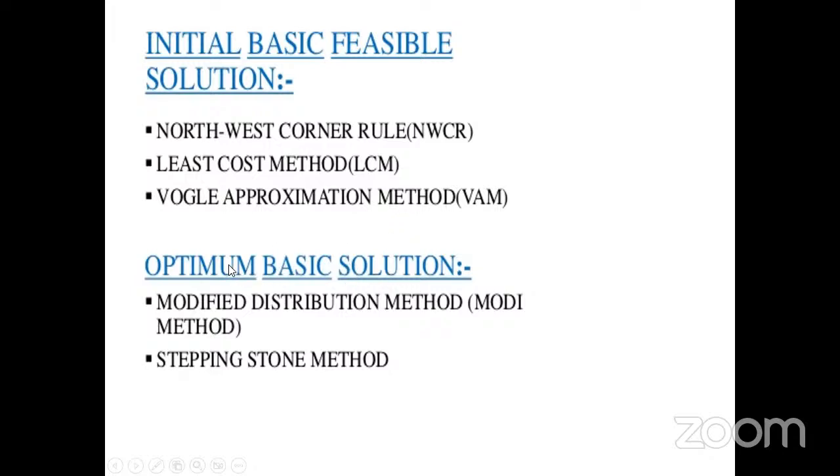The optimum basic solution will be obtained only by means of MODI or stepping stone. Stepping stone is only one or two steps of the MODI method, the same thing, nothing else. MODI is the ultimate, like the VAM method in feasibility, MODI is the ultimate solution.